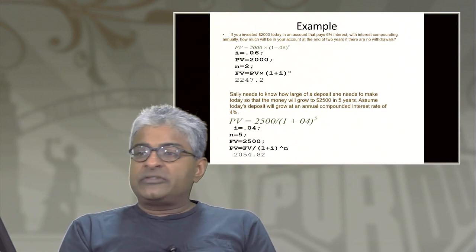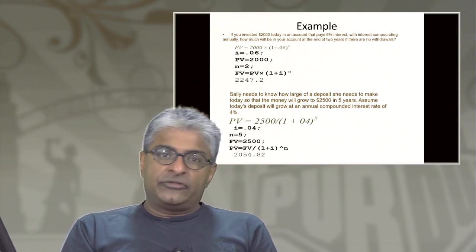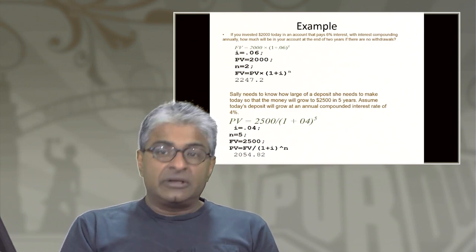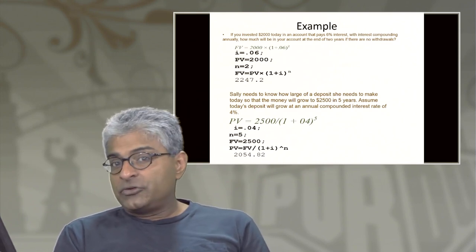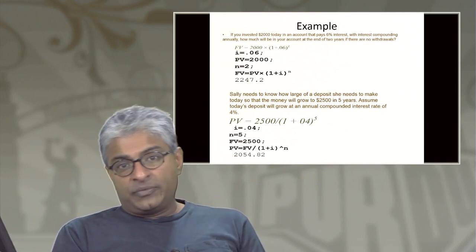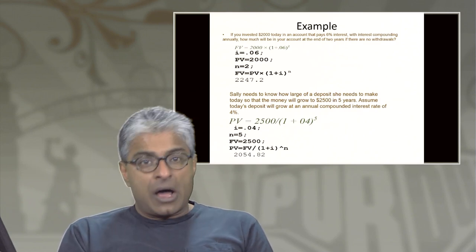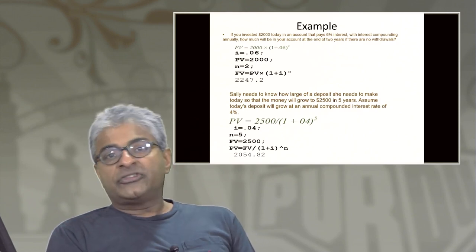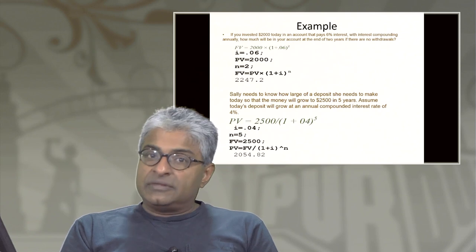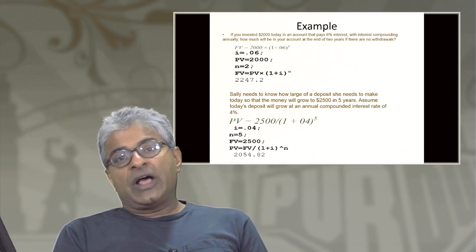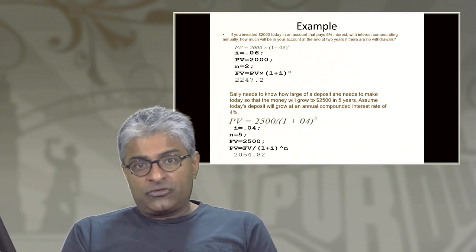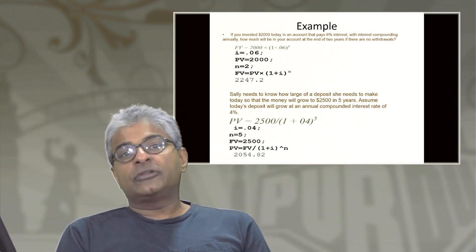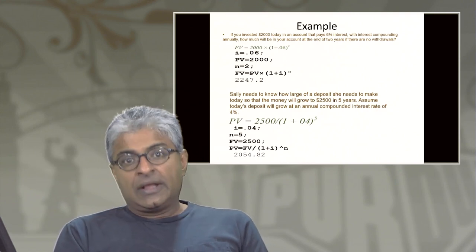So, it doesn't always have to be either present value or future value. It could be that you're given, for example, the present value and the future value, as well as the number of periods, and asked to solve for I, or the interest rate. Similarly, you could be given the other 3, present value, future value, and I, the interest rate, and be asked to solve for the number of periods involved.